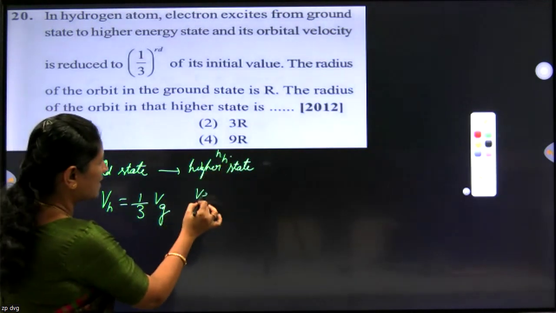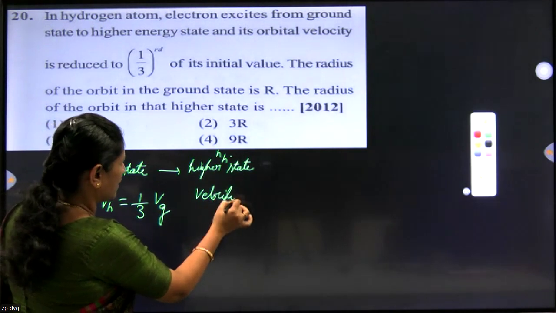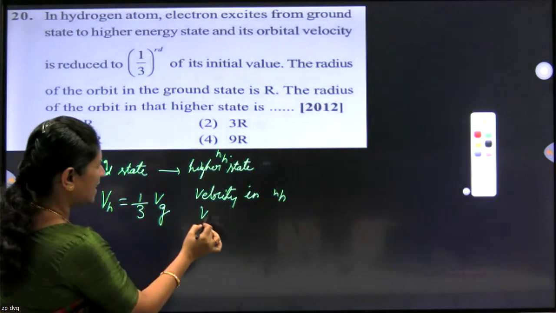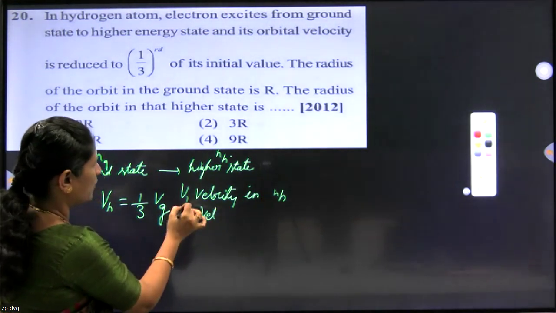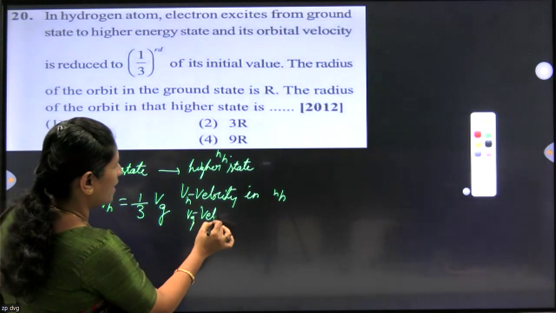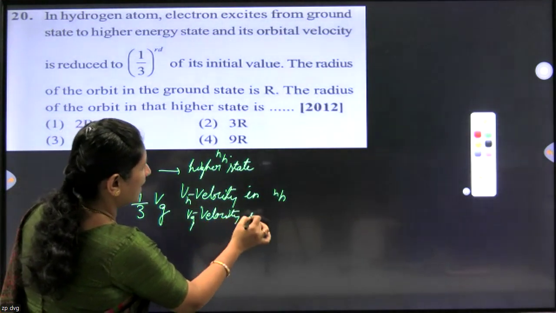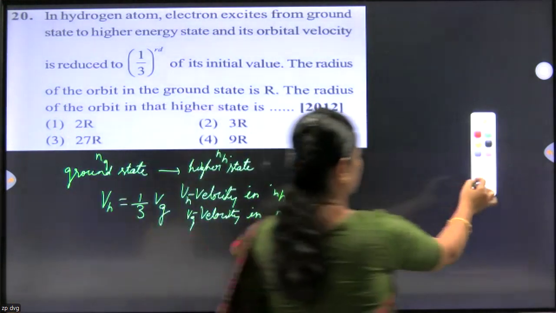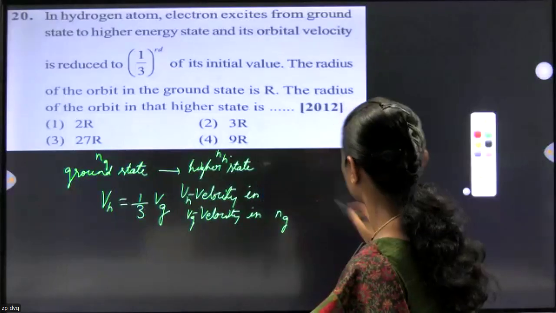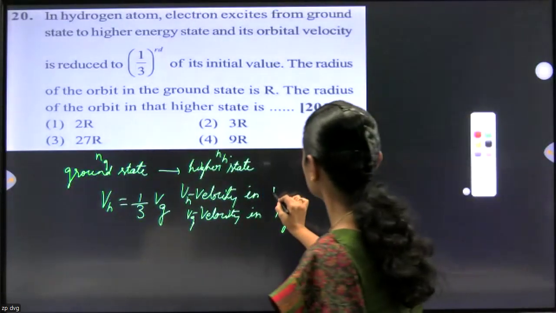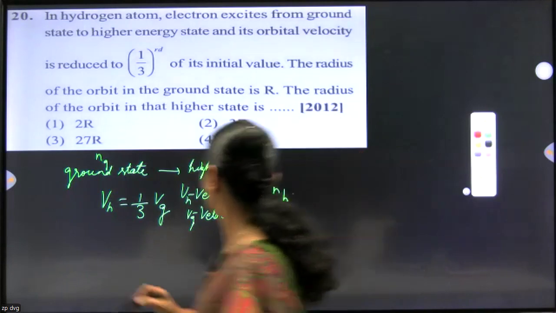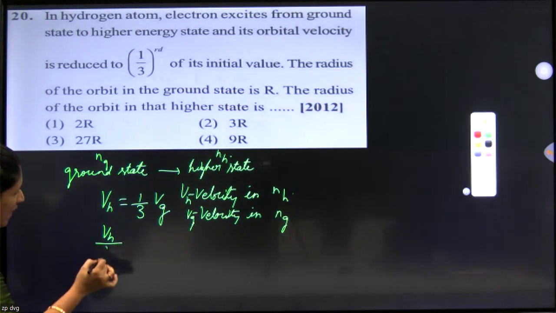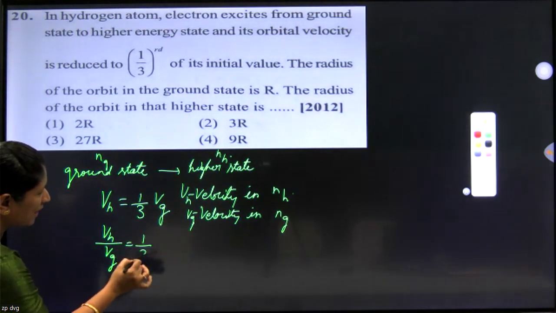Vh is the velocity in Nh and Vg is the velocity of the electron in the ground state. Then Vh by Vg is equal to 1 by 3.